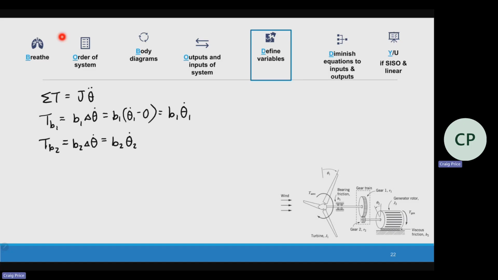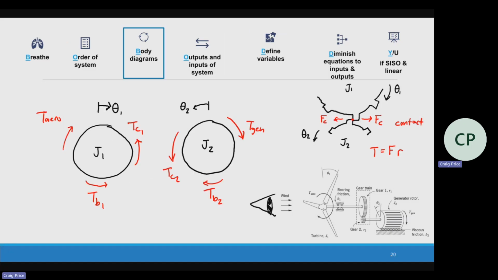Okay, let me go back here. That's my friction. Next up is the way that these relate to each other through the gear. We've got our forces, and so we have to define TC1, TC2. Now the torque is pretty easy. For any kind of force away from the axis of rotation, the torque is just going to be equal to that contact force felt at the teeth times radius.